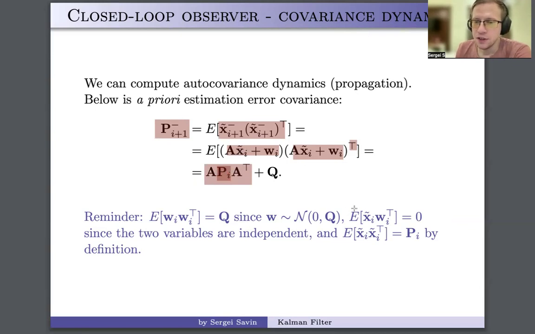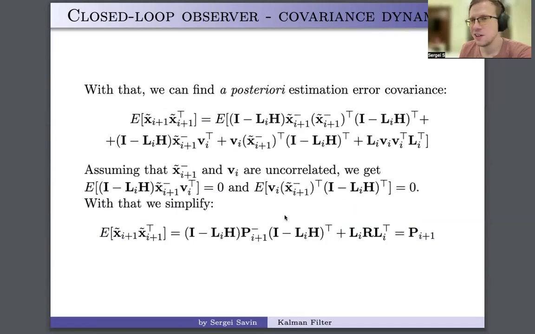We're going to have those components which will be 0, right? And we're going to have Q here coming from V_I times V_I transpose. Okay. So this is a repetition of what we did previously. Now, more complicated mathematics, right? But not very complicated.